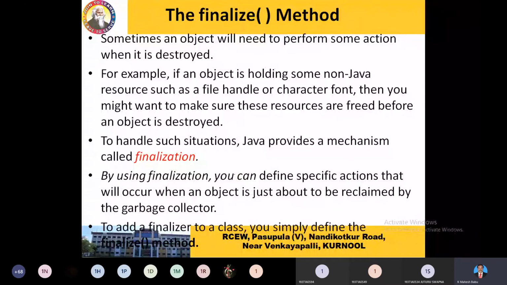If you are not referring to that object, it will be removed from memory automatically. But while removing that object, if you want to do any action like saving a file or closing file streams, or any non-Java-related things, such things are done by means of the finalize method.